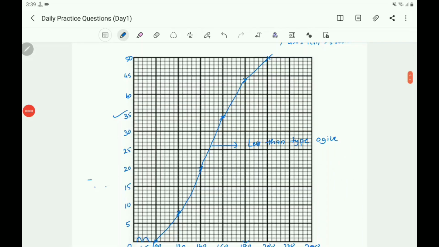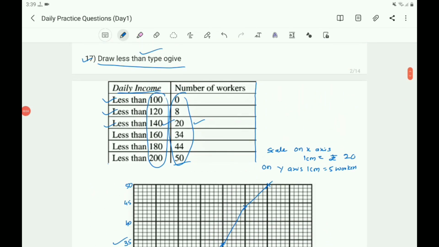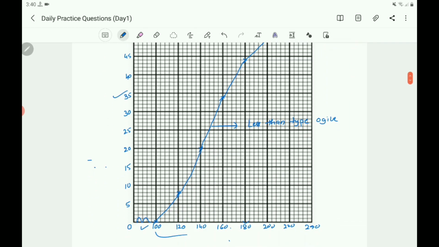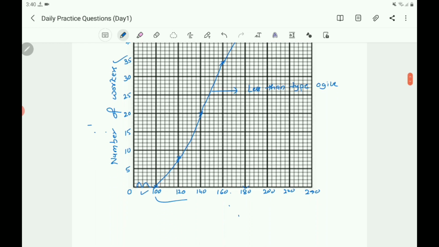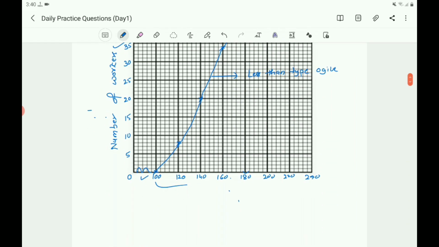So you mention on the y-axis what you have taken, number of workers, and on the x-axis, daily income.